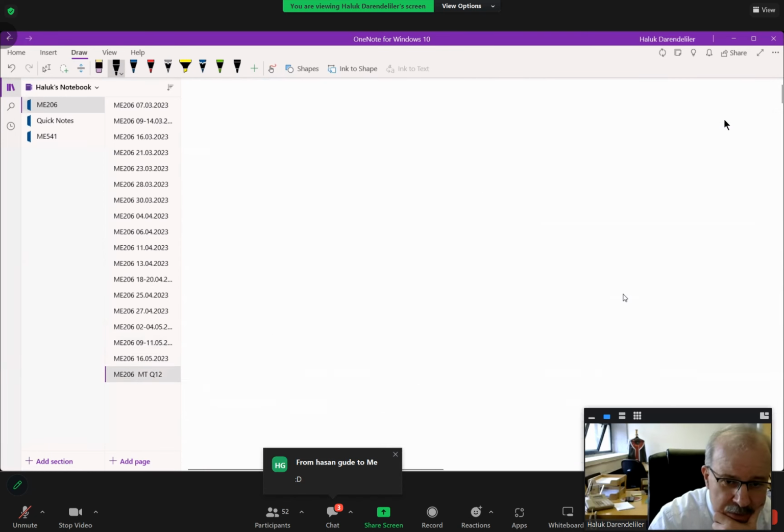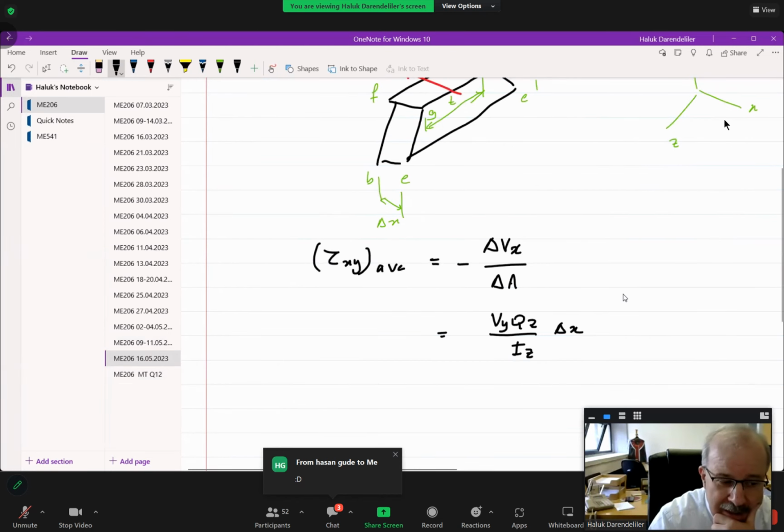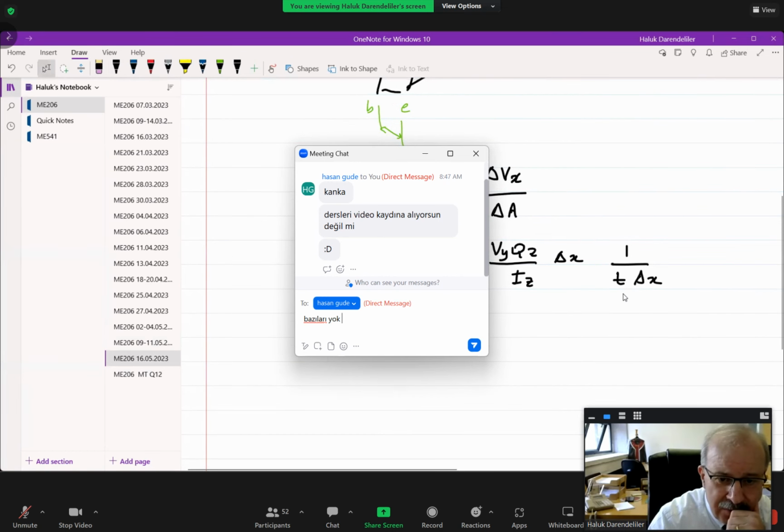Now, I am using the same equation and now dividing it by the area. What is the area? It is thickness times delta x. This is the area, right? Now, the delta x's cancel each other. So at the end, we get the following equation.